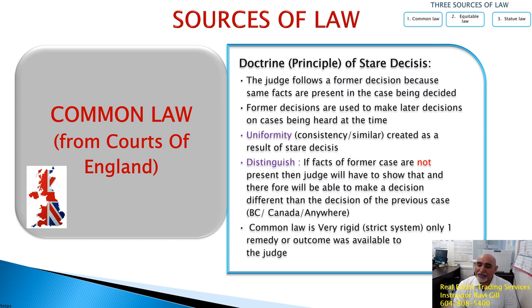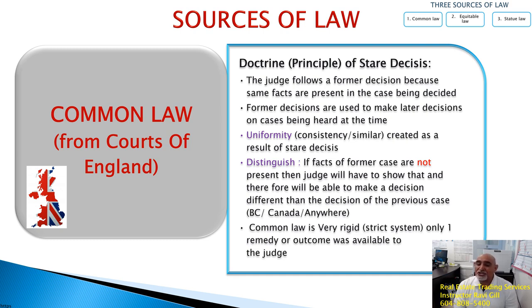What this does is it creates what's called uniformity, meaning consistency. So even the criminals would know that if I do this crime, this is the outcome a judge has already given, and I will also get the same outcome. Now, sometimes the case is similar, but not exactly.